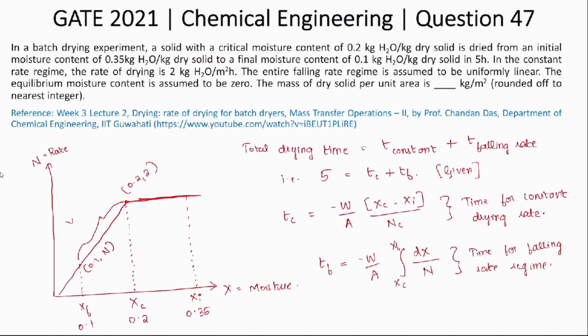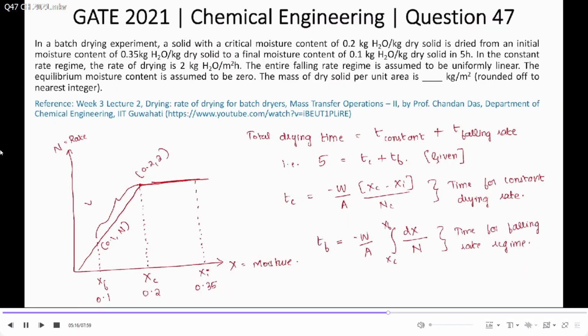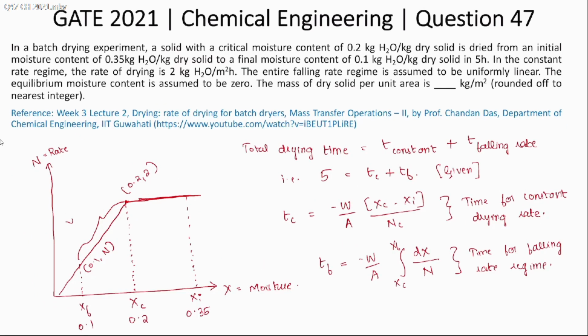So basically this equation is in the form of y is equal to mx plus c because it is a straight line. We can represent this sloping line as y equal to mx plus c. This c is basically 0 because we are assuming the equilibrium moisture content to be 0.